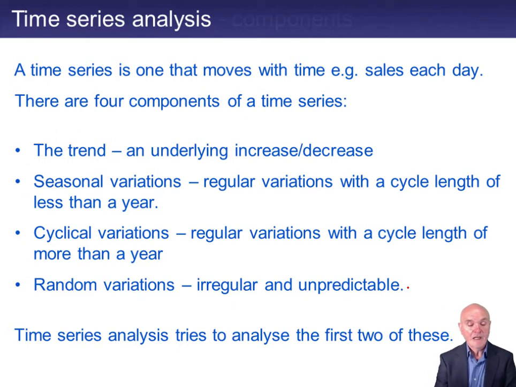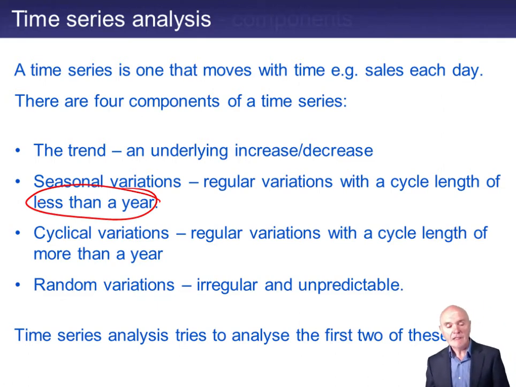And we try to find out a trend, an underlying increase or decrease. We're looking for seasonal variations, which are anything with a cycle of less than a year. So looking at the sales in a shop for, say, 6 days a week, that's a seasonal variation. It should repeat itself every Monday, Tuesday, Wednesday, and so on. We try to capture these.